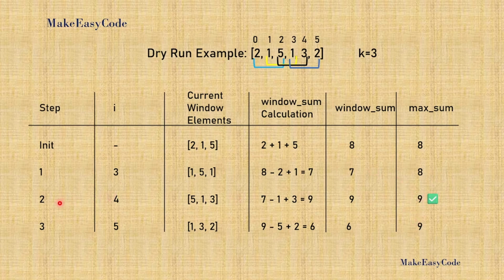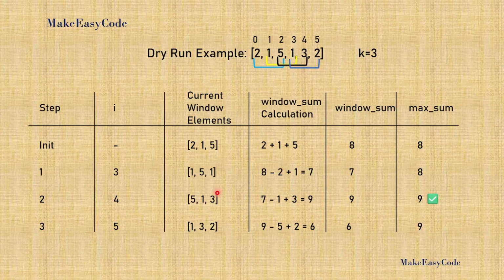Now the last step: in this subarray we again slide by 1 index. We remove the index 2 and add the index 5 here, which you can see in blue color.